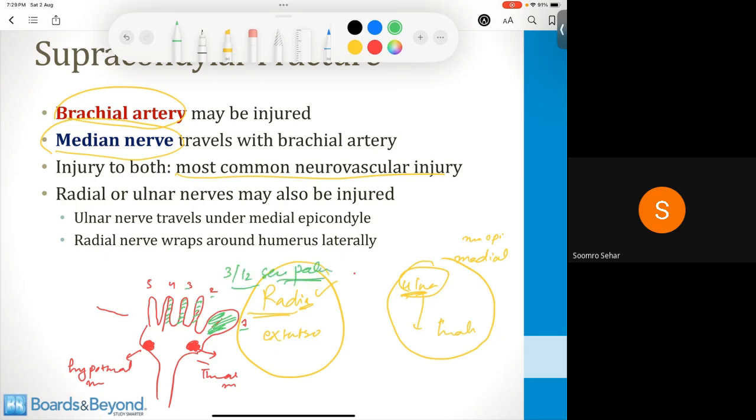Which muscles does the median nerve supply? It supplies the thenar muscles. What else? It supplies the lateral two lumbricals as well. What are lumbricals? Do you guys know?